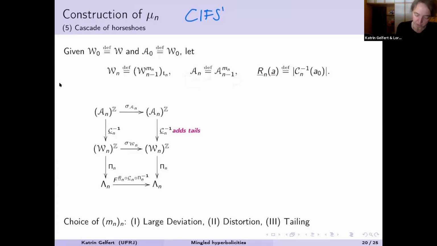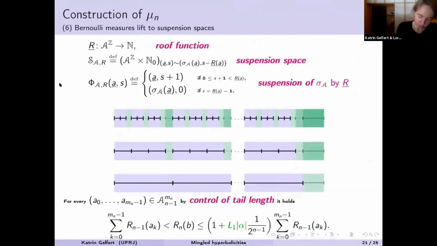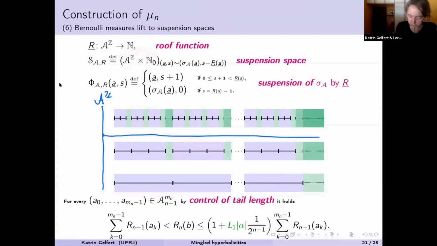So you have your abstract alphabet here in the base. And horizontally, you should see the roof of your suspension space. So in the base, you do your shift in your abstract alphabet.